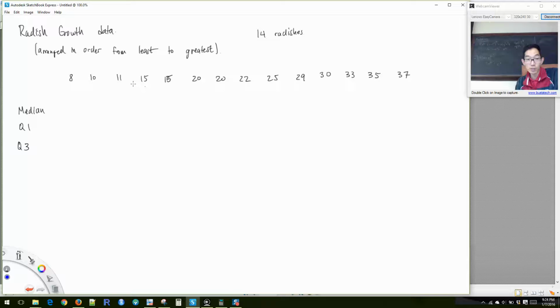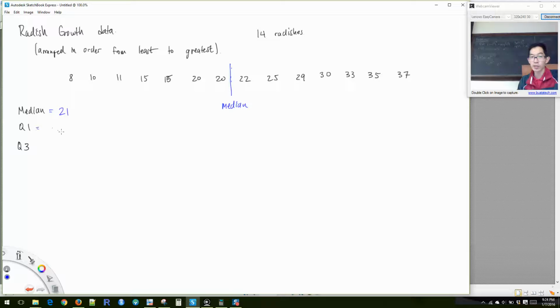These have already been placed in order from least to greatest. So our median will go right here. So our median is equal to what? 21. It's just halfway between these two numbers that separate the 7 larger from the 7 smaller.